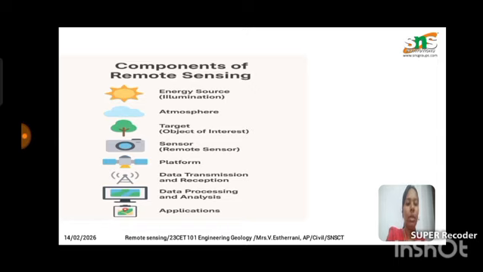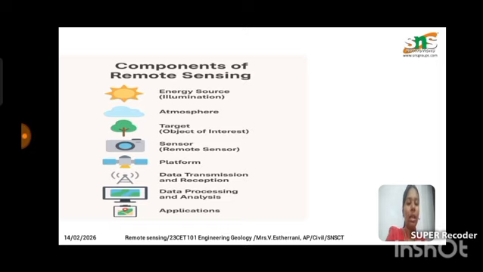Next one is data transmission and reception. The captured or observed data from the sensor will be transmitted to the transmitters, where the transmitters receive all the information from the sensors of the objects. Next one is data processing and analysis.